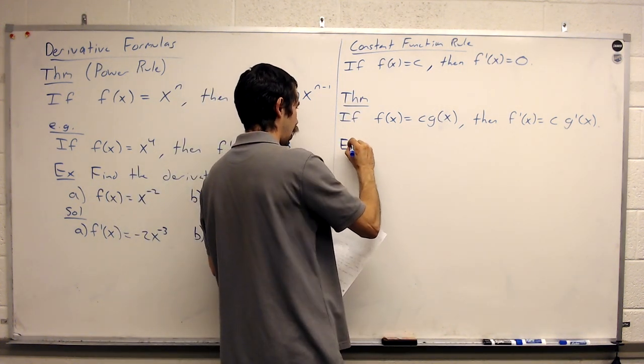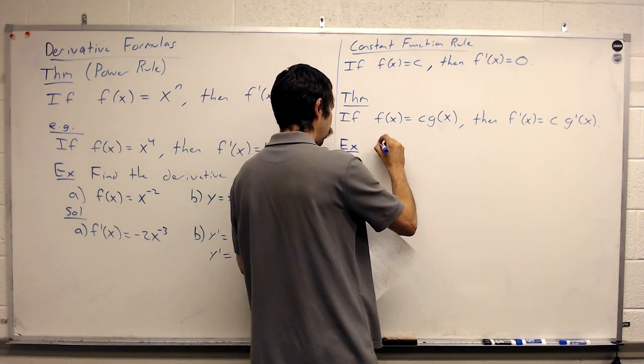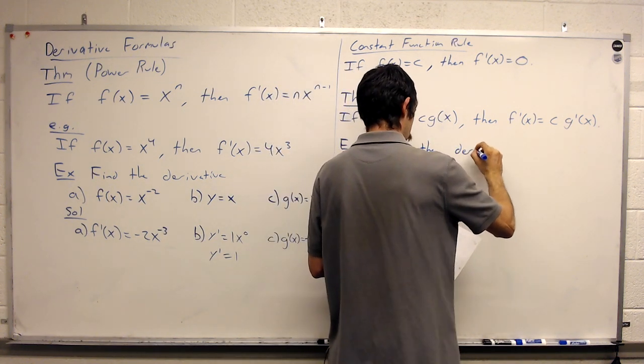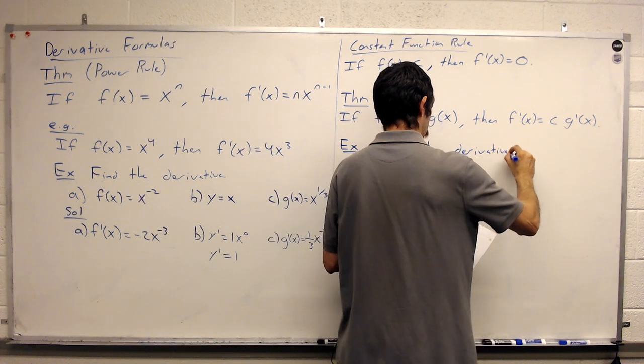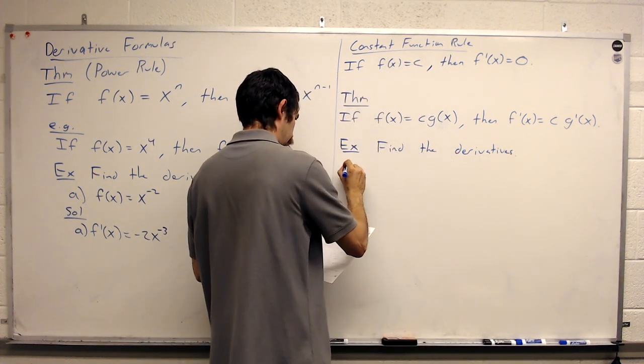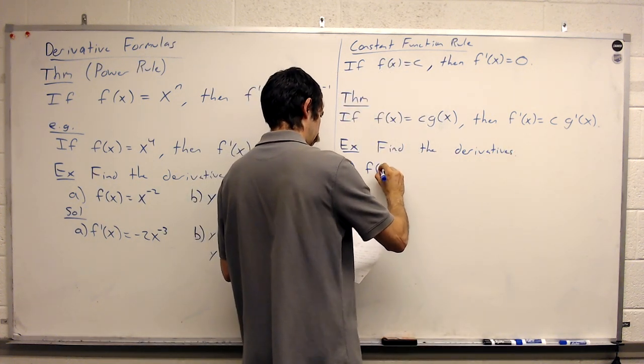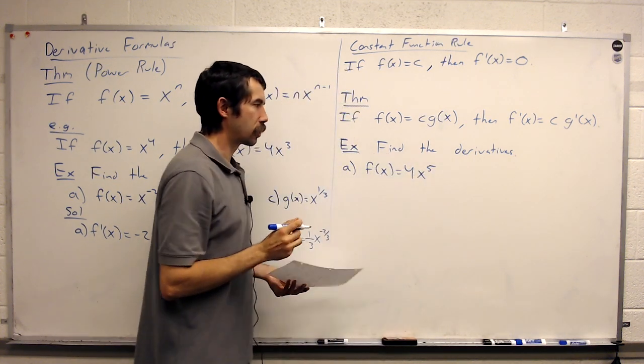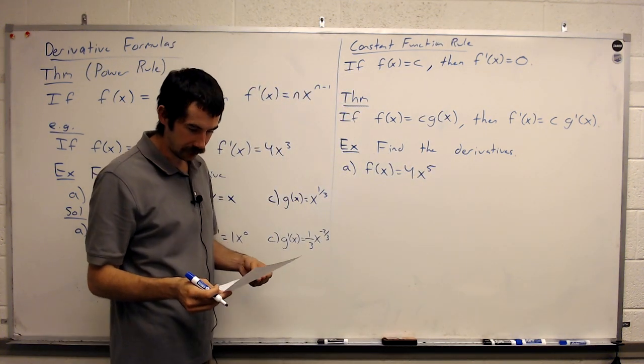So let's take a look at a few examples. Find the derivative. First, we'll look at f of x equals 4x to the fifth.